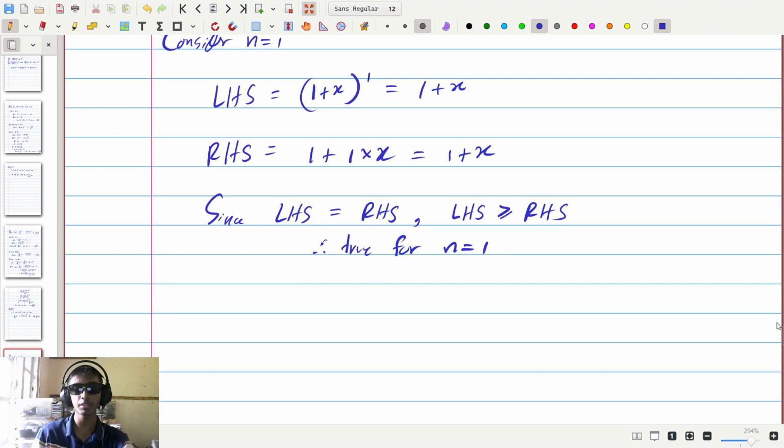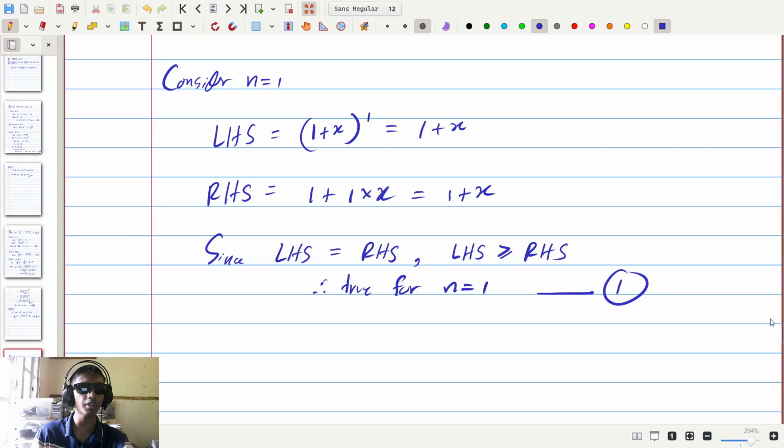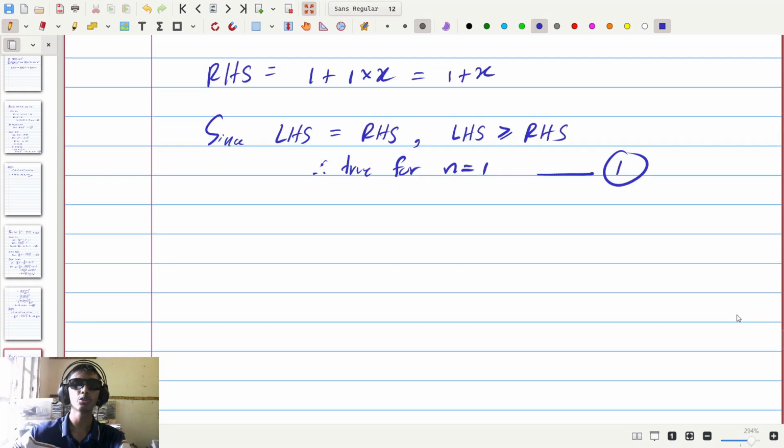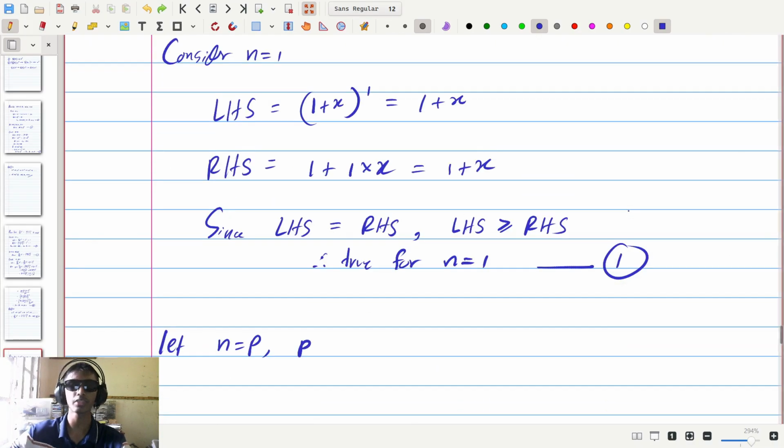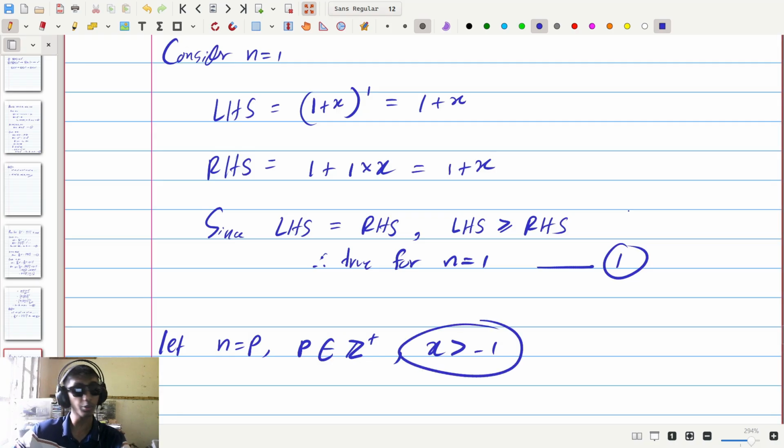Now that we established the base case, let's now move on to assuming that it's true for some value and then showing that it's true for the next value in that case. So let's say n equals p, where p is some value that satisfies our condition of being an element of the positive integers, and we also have the additional condition that x is greater than -1, which we need to carry around.